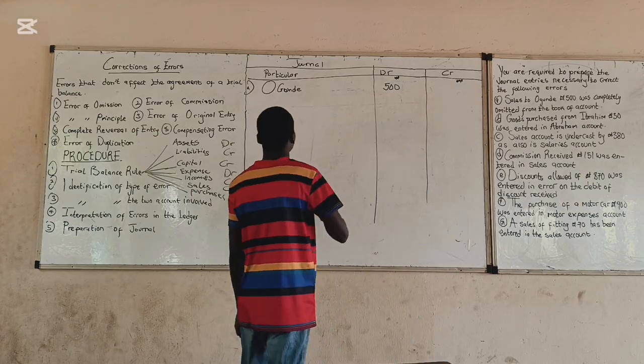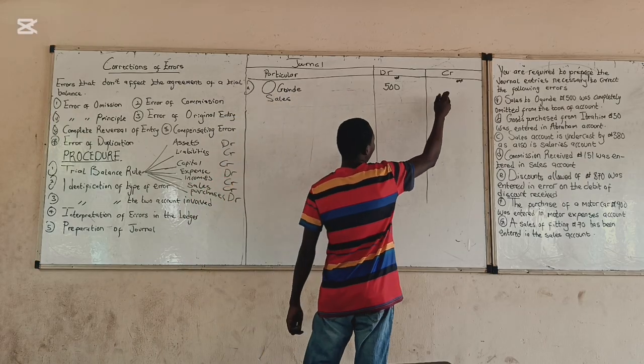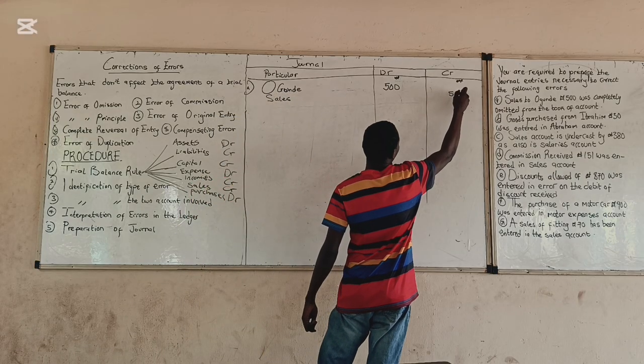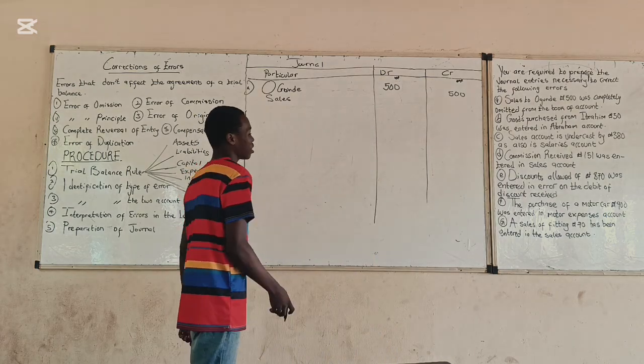Now the second account is what? Sales. Sales will be credited, 500. Now what am I going to do? You know that in a journal you need to narrate, right?